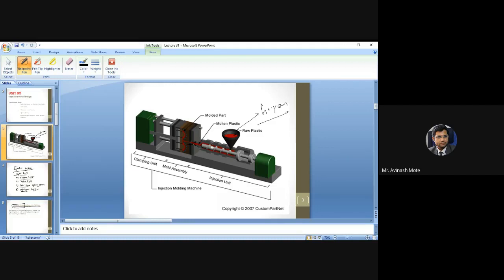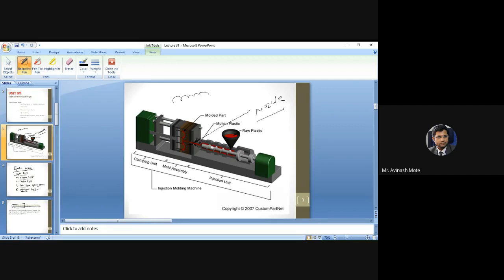In the barrel, the screw is rotating. This screw is rotating and pushing the material ahead. So here also there is no difficult mechanism. The actual feeding starts from this nozzle point.